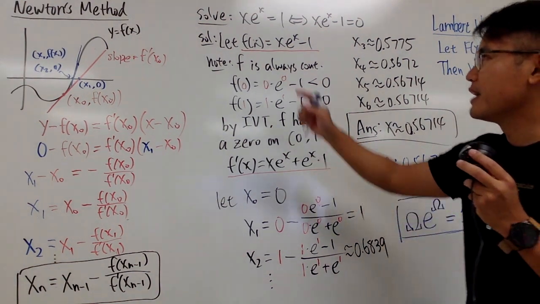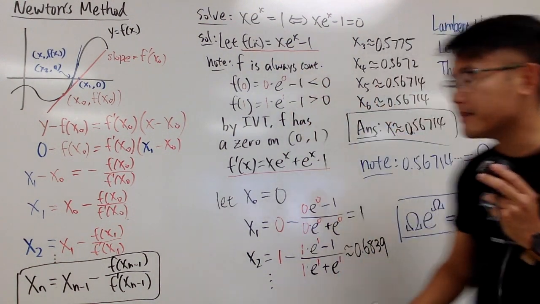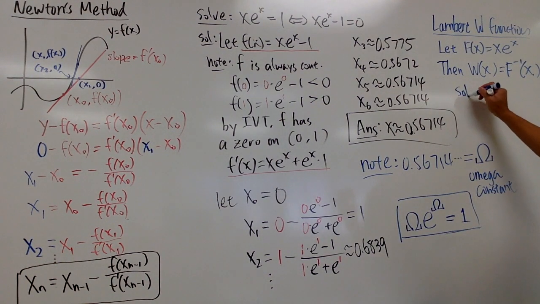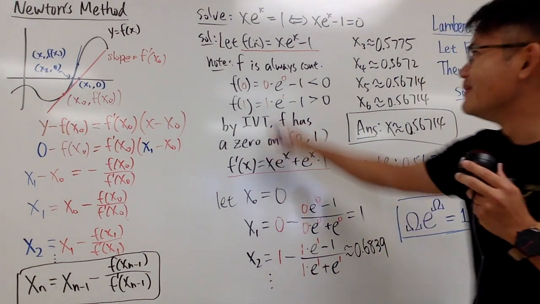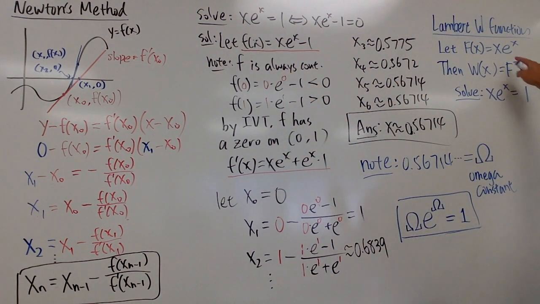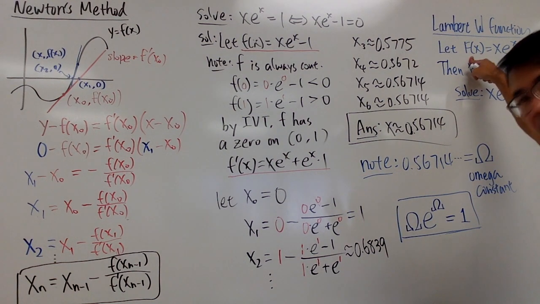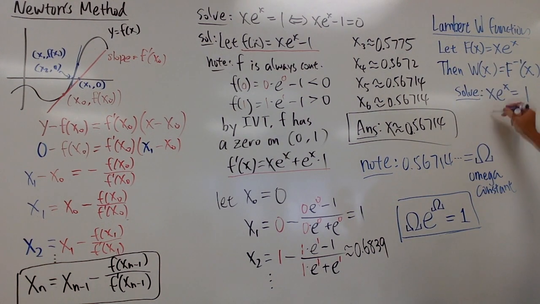And now let's take a look at this equation again. So earlier we wanted to solve x times e to the x being equal to 1. Well, this part is exactly the f of x that we have. So in other words, we're looking for what x will give me the function right here equal to 1, right?